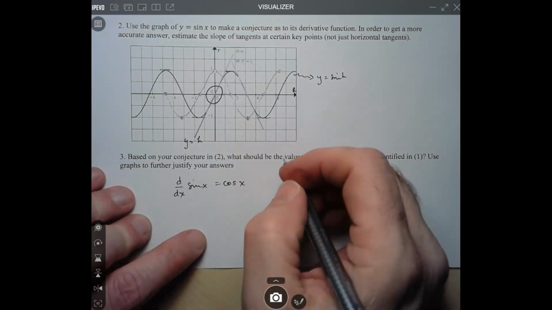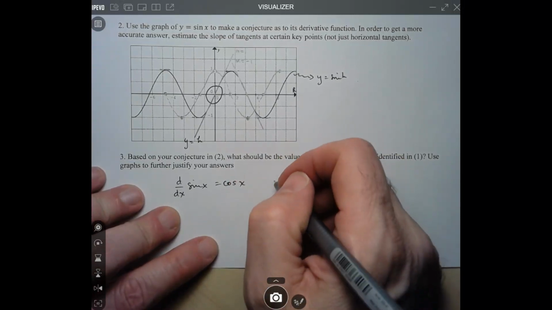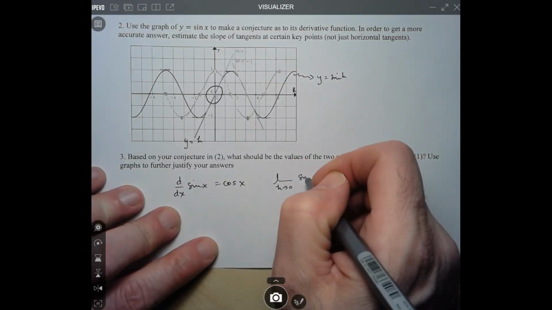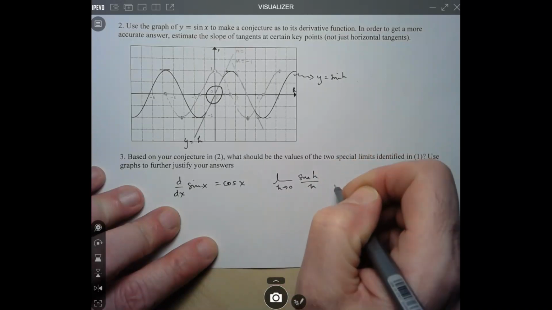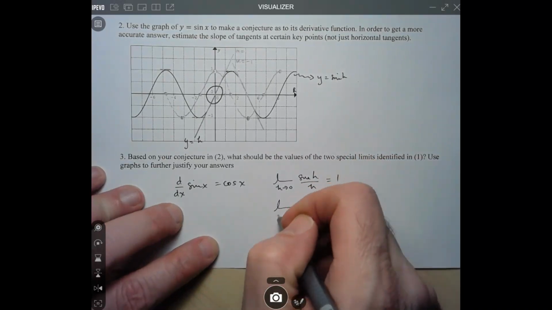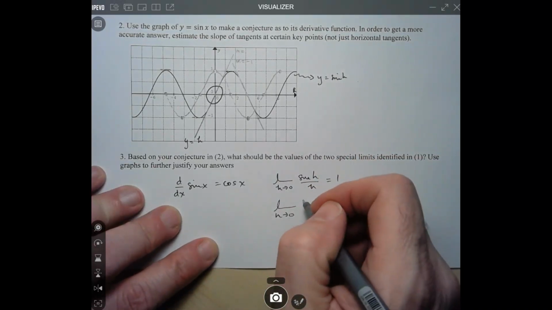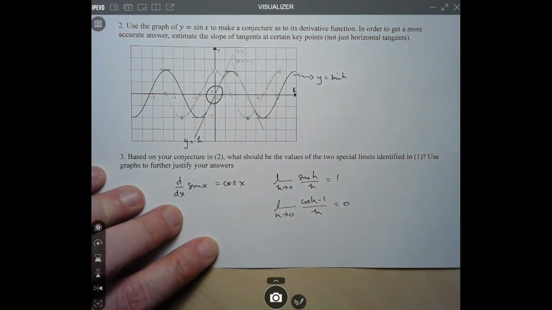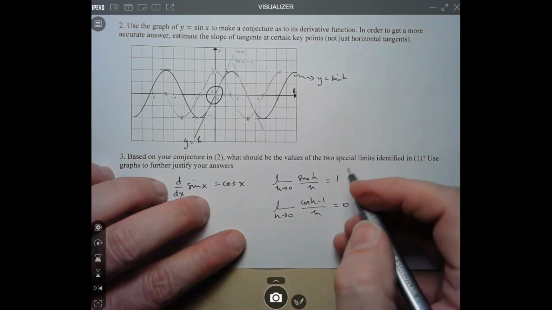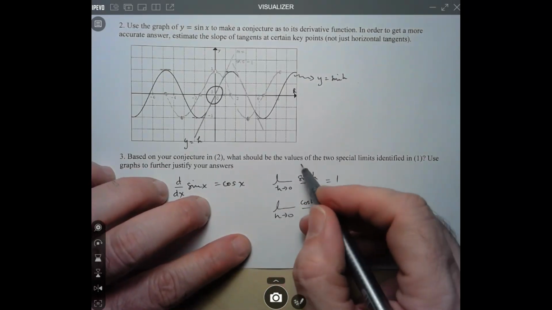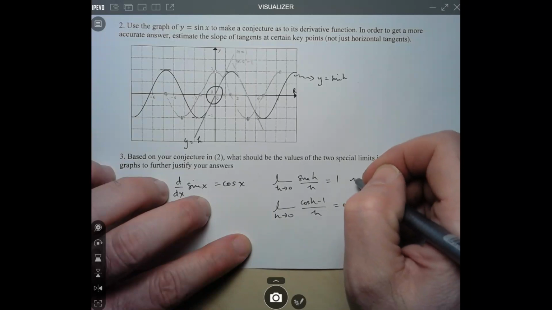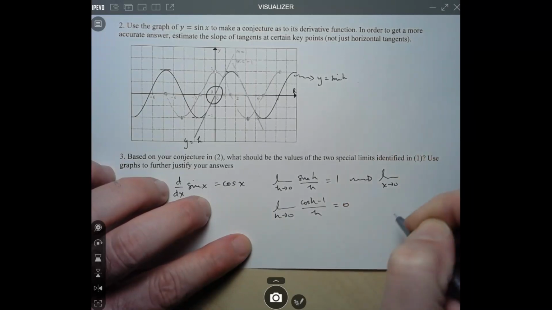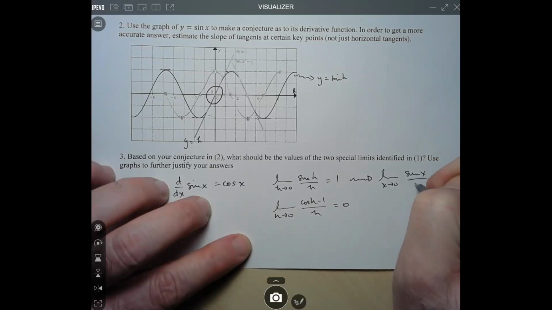All right? And I also want you to remember these two special limits. The limit as h approaches 0 of sine h over h is equal to 1, and the limit as h approaches 0 of cos h minus 1 over h is equal to 0. Okay? Now, by the way, we just happen to be working with h as our variable, but this limit is often written using the variable x.